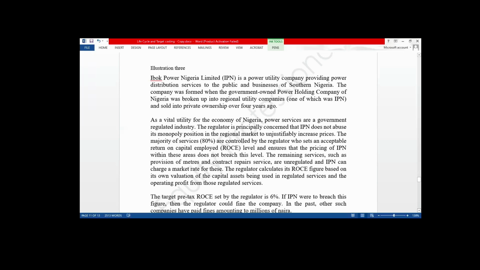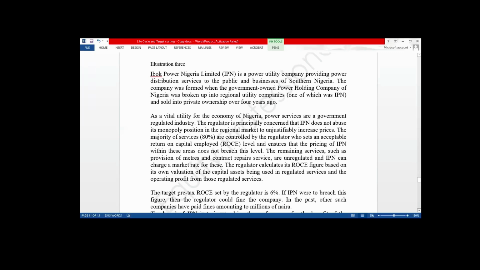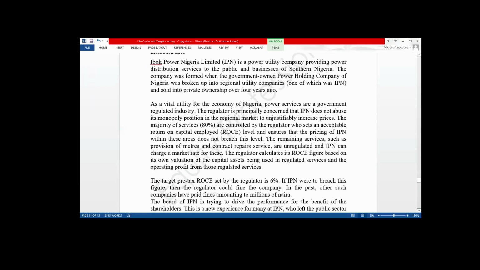The target pre-tax return on capital employed set by the regulator is 6%. If IPN were to breach this figure, then the regulator could fine the company. In the past, other such companies have paid fines amounting to millions of naira.